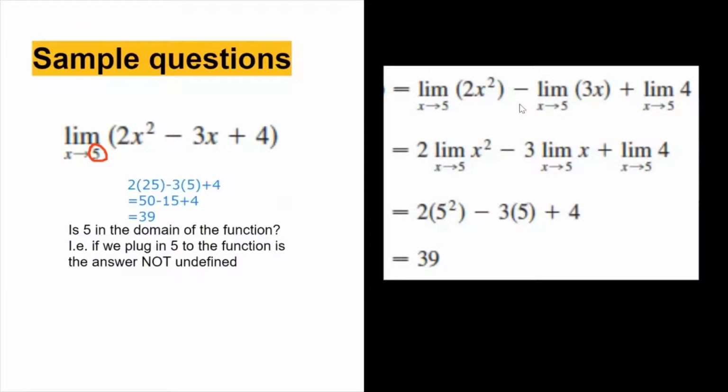Once we know that we can apply direct substitution, we'll separate out the limits for each individual term, separating them from addition and then from multiplication, and bring the constants outside, as in this case 2 was brought to the outside and 3 was brought to the front, and then calculate the limits. In this case, that is again just putting in the constant values, which gives us our answer.